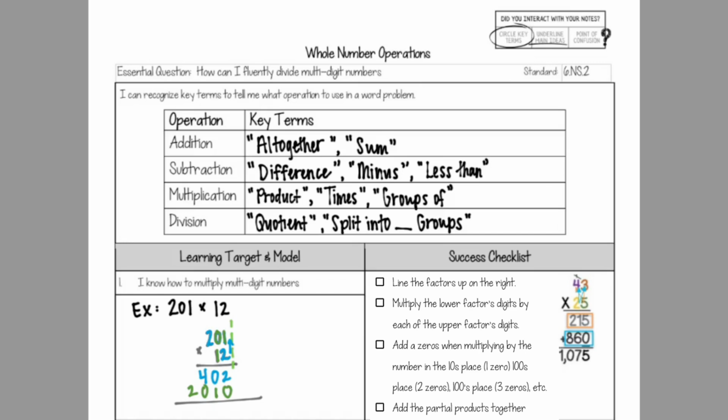My last step is to add the partial products. I get the answer 2,412.